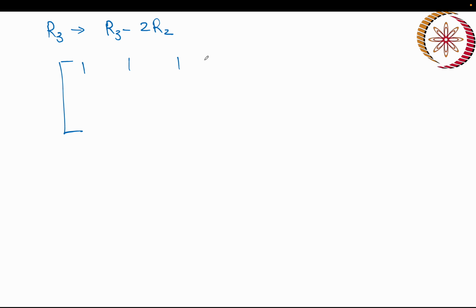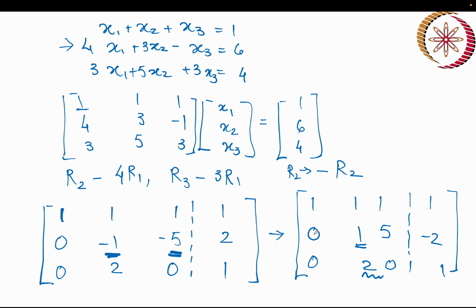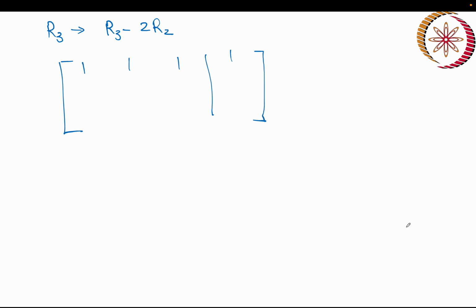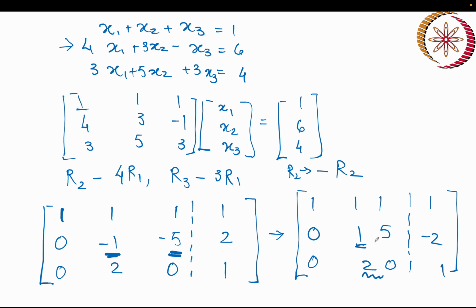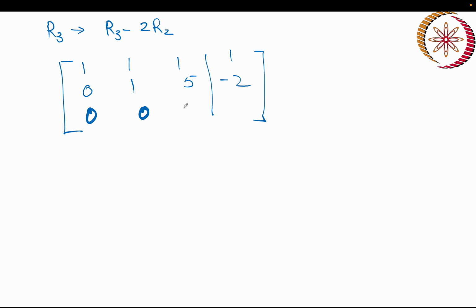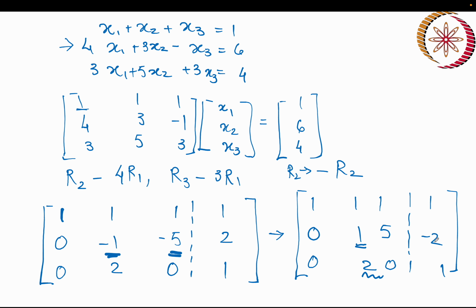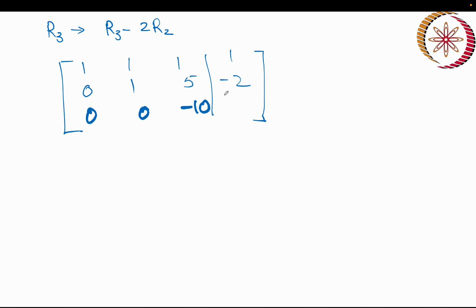The first row will be as it is, and the next row also will be as it is, 0 1 5 minus 2. Subtracting 2 times that from the third row gives 0 0 minus 10, and on the right side it will be 1 minus 2 times minus 2, which is 1 plus 4, that is 5.